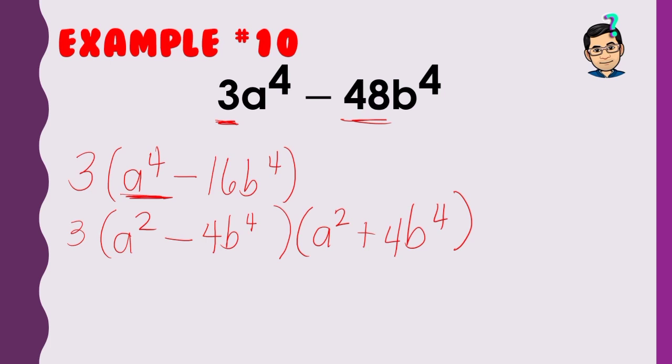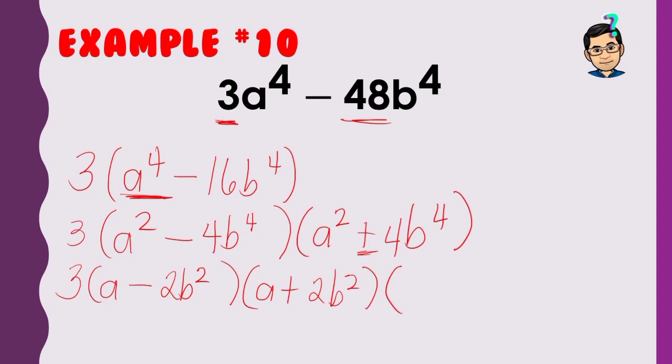So, again, pag plus siya, hindi po natin siya pwedeng i-factor using difference of two squares. So, that is 3 times the square root of a squared a minus square root of 4b to the 4th power 2b squared times a plus 2b squared.